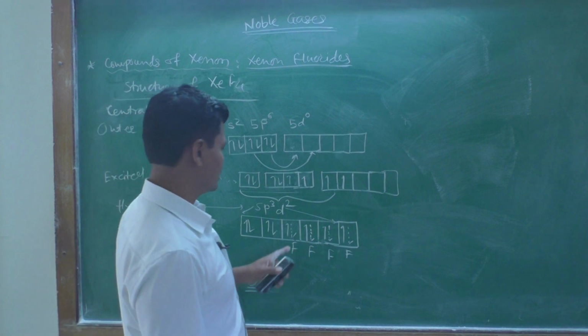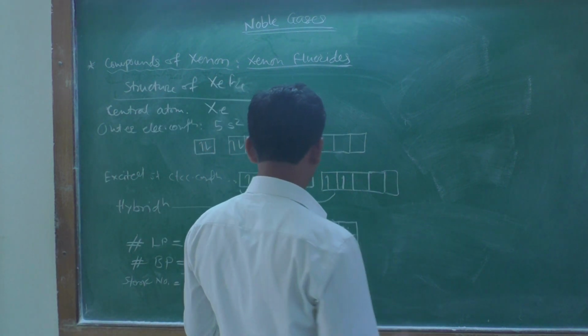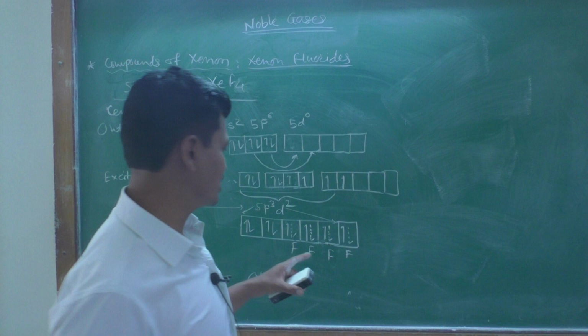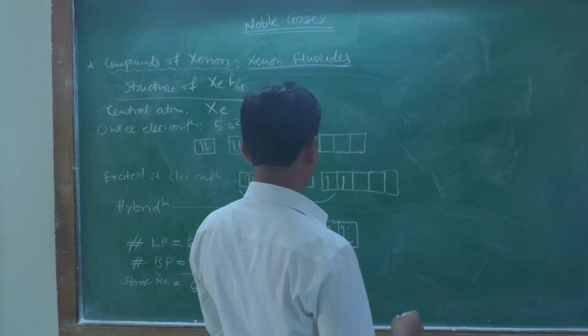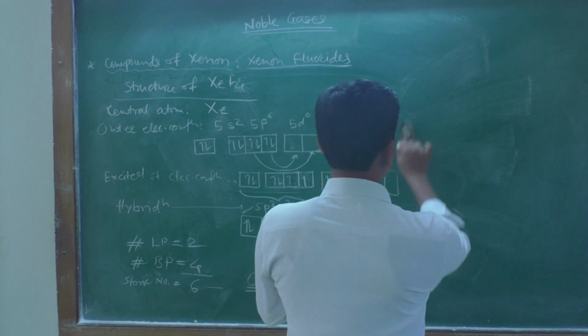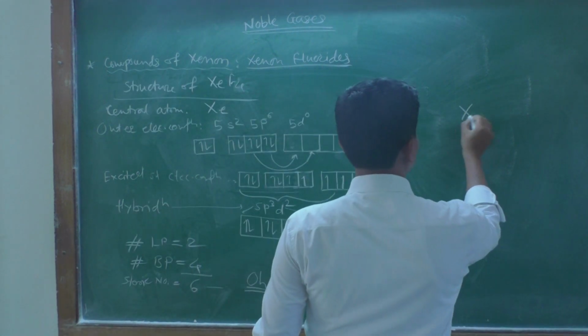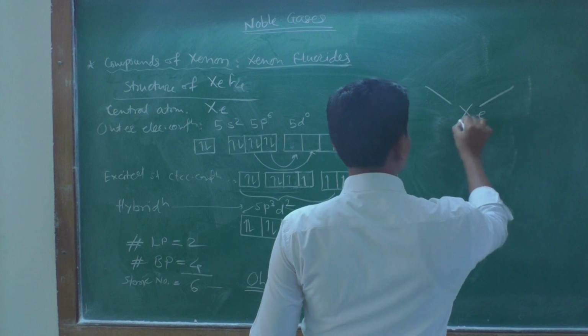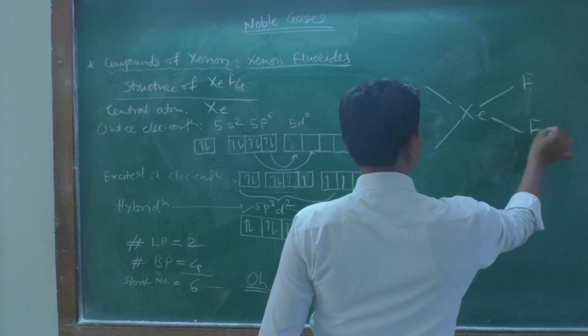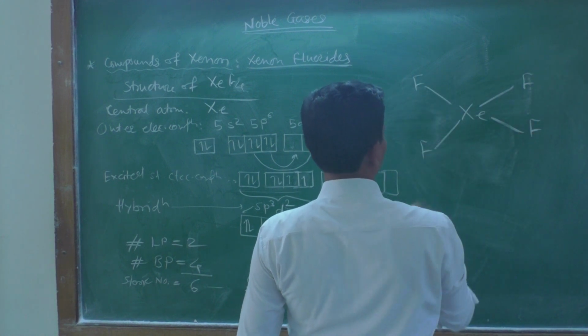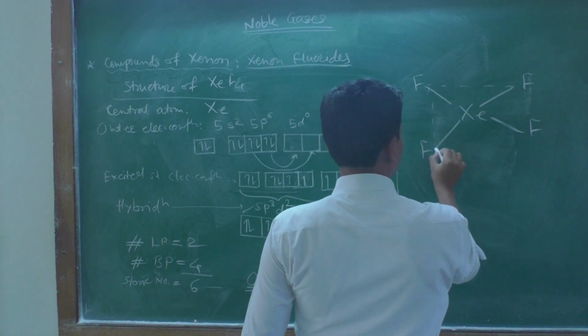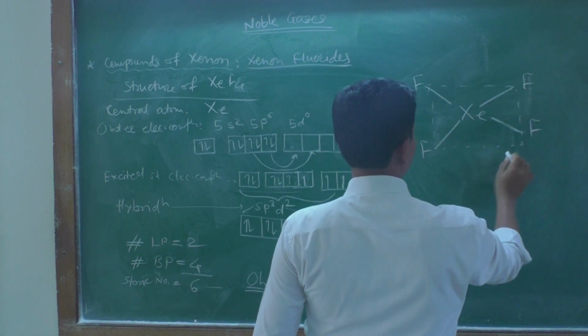Okay, but when we look at the actual geometry of the molecule, these bond pairs, the 4 fluorine atoms, occupy the planar face of the square, so it is forming a square planar geometry.